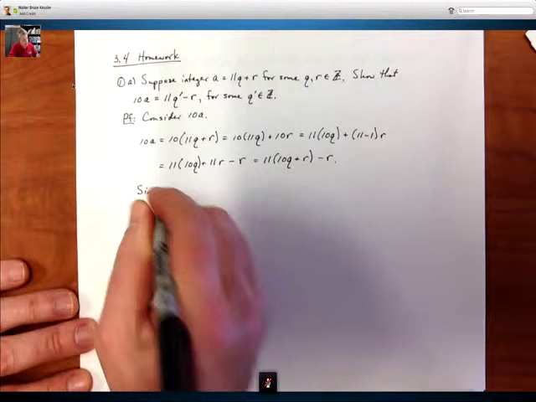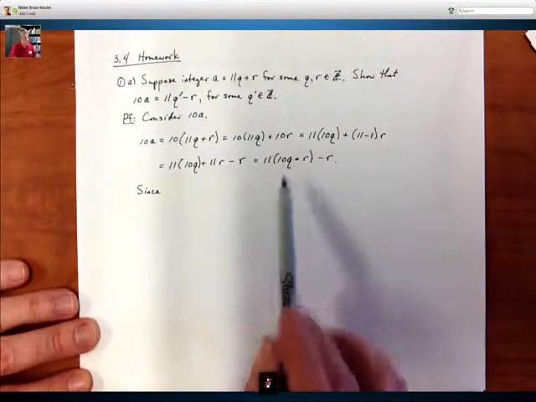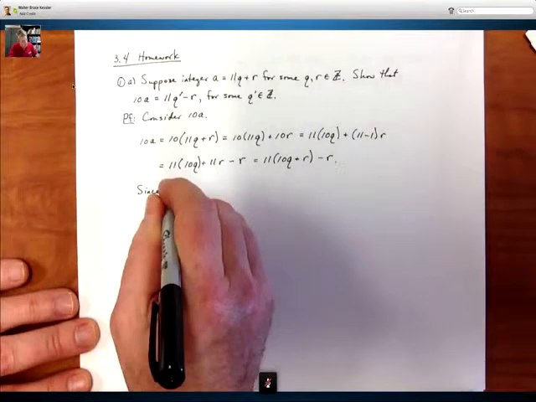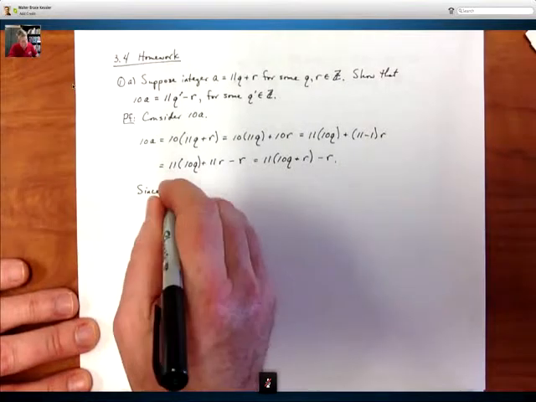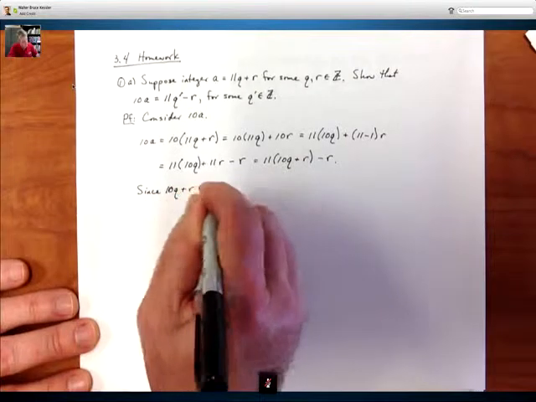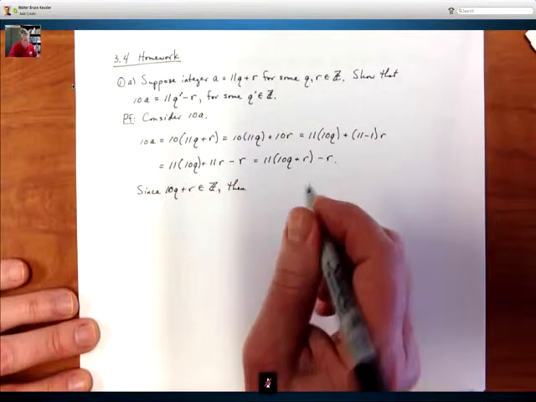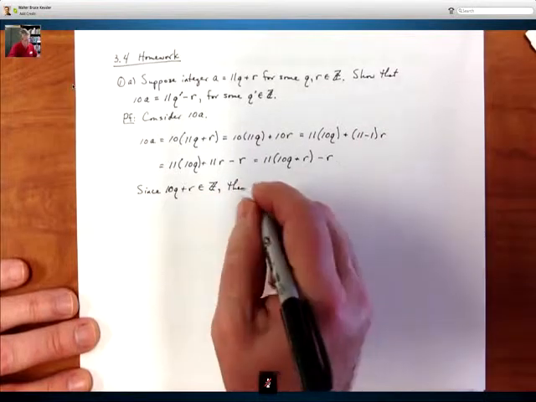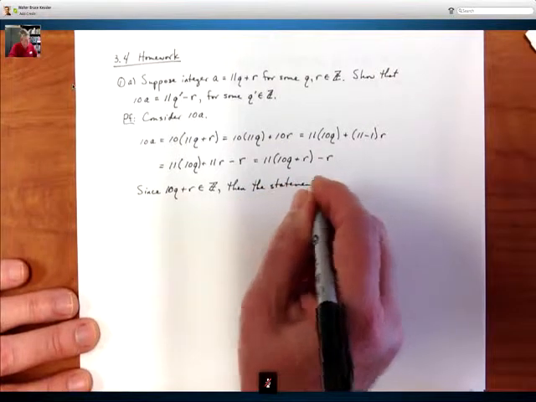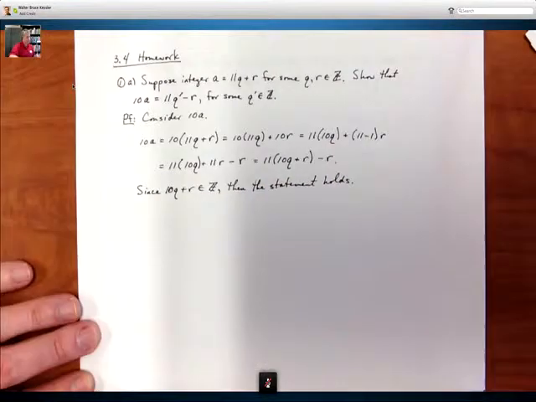So in a few sentences, I think we've got it. I can tell you what q prime has to be. It has to be this right here. So since 10q plus r is an integer, then the statement holds.